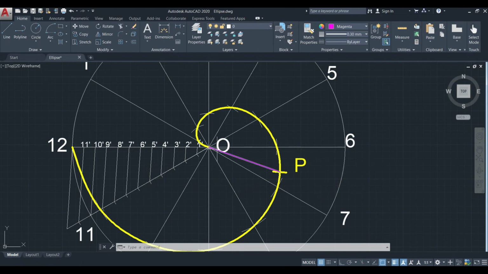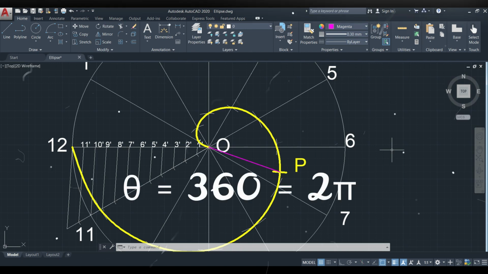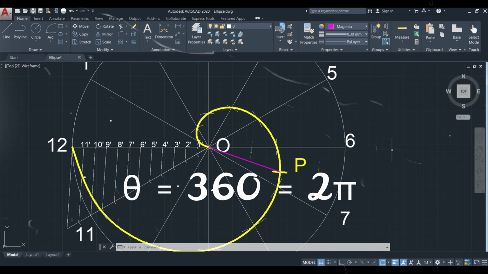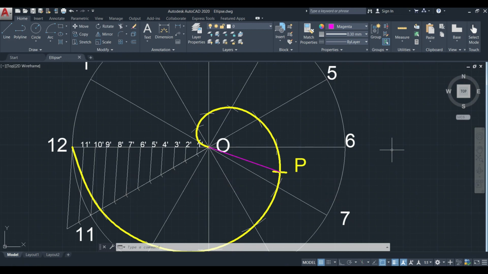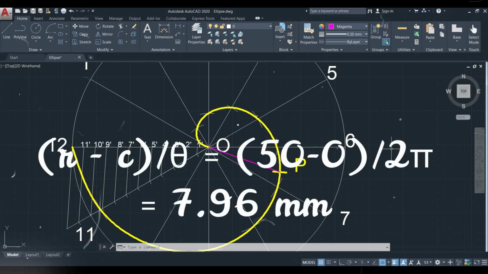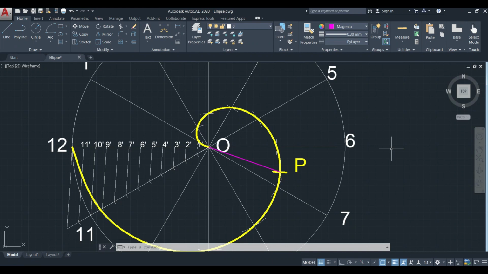Here there is no small circle, so we can take the C value as 0, and theta equal to the angle of turn, which is here 360 degrees or 2 pi, because it is making one convolution. So theta value should be in radians, that is equal to 2 pi. So (R minus C) by theta equals (50 minus 0) by 2 pi, that is equal to 7.96 mm, which is approximately 8 mm.